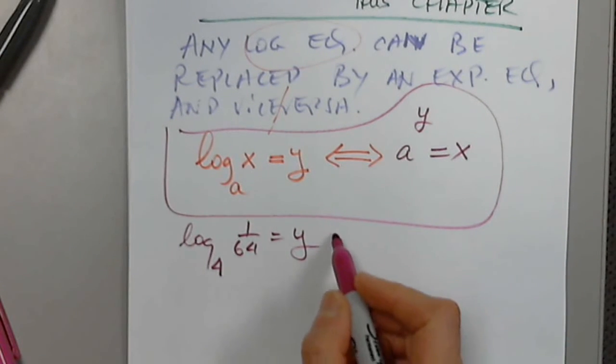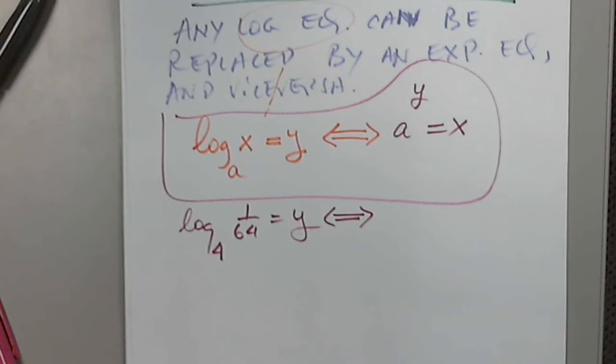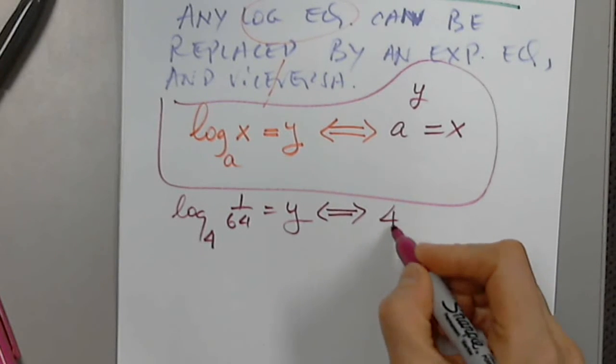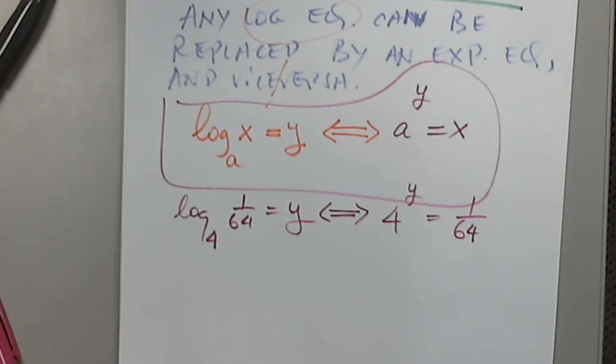I don't know how to solve this, but I know I can change it into an exponential equation. Can anyone dictate what will be the exponential equation I have to write? Other than Tom. 4 raised to y equals 1/64. Very good.